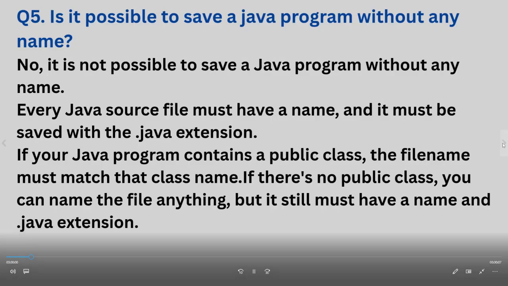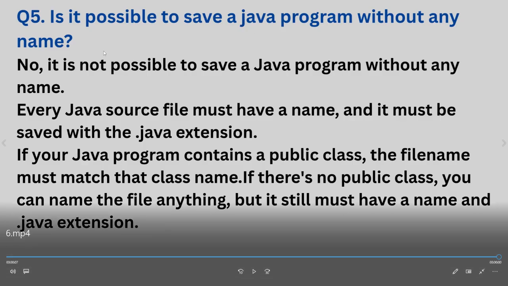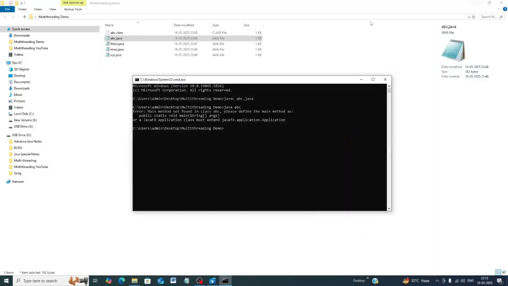Fifth question, is it possible to save a Java program without any name? No, it is not possible. Every Java source file must have a name, and it must be saved with the .java extension, as I told you here: main.java, abc.java, mno.java, xyz.java.